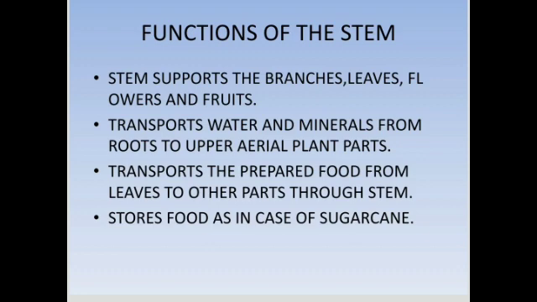Also the stem transports the prepared food from the leaves to other parts, and it stores food in the case of sugarcane. Sugarcane is a stem and it stores food like the root stores food. So these are all the functions of the stem.